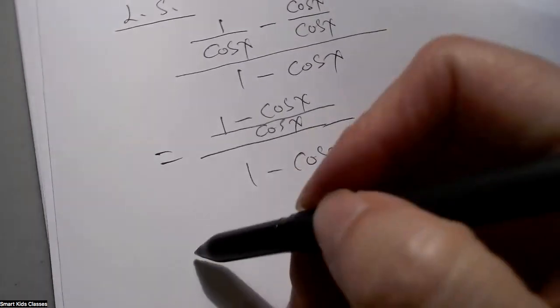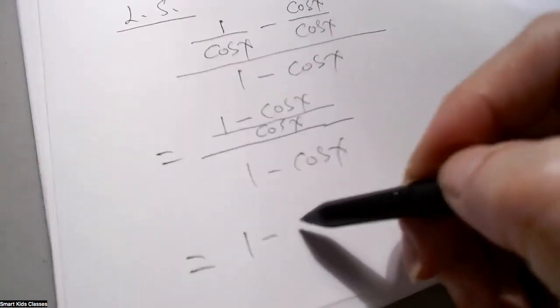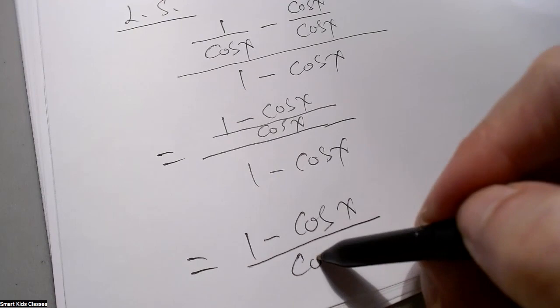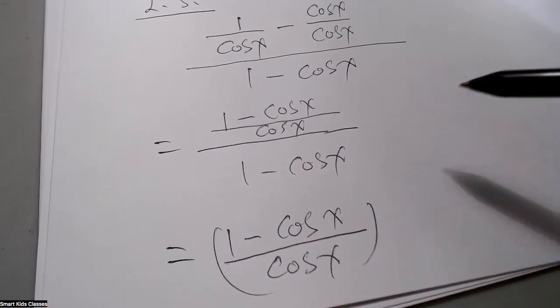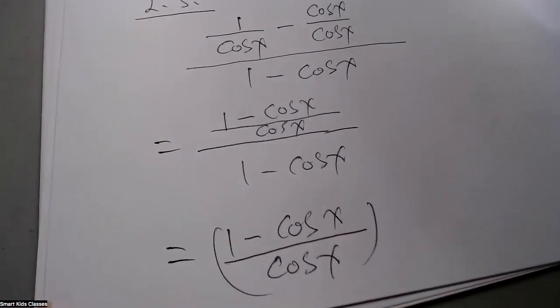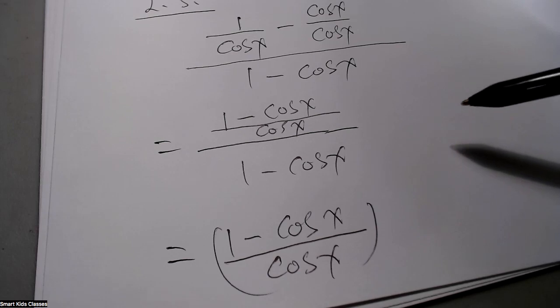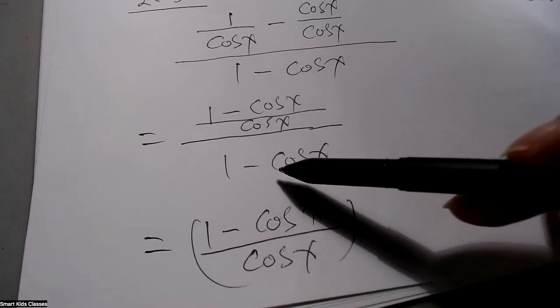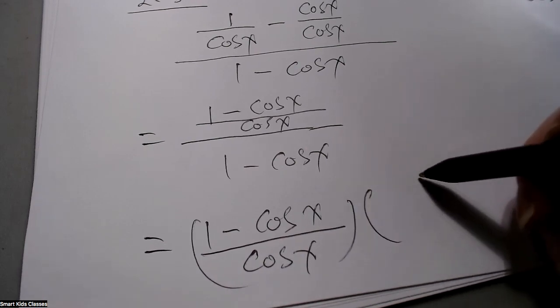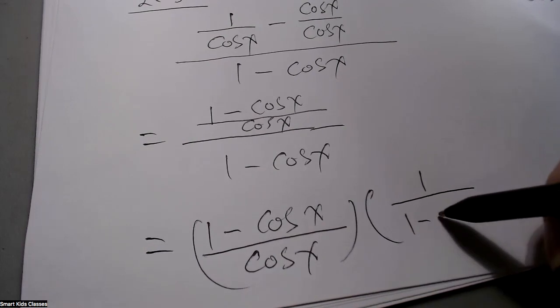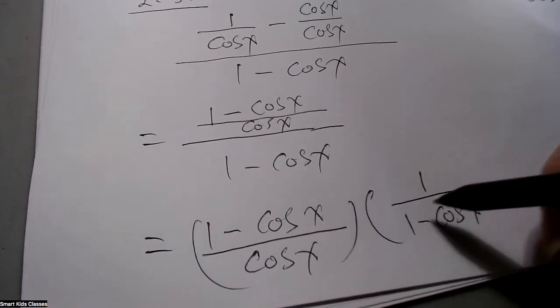Now we're going to write it as a division. So 1 minus cosine x over cosine x is divided by 1 minus cosine x. Divide means it's going to be the reciprocal, so you're going to multiply by 1 over 1 minus cosine x.